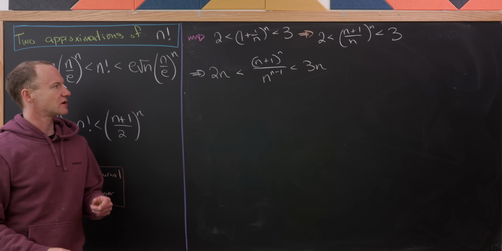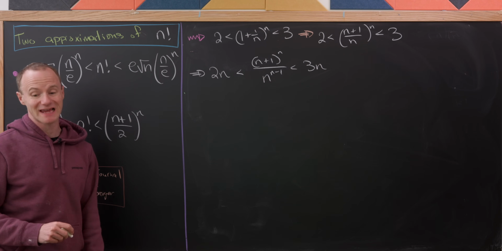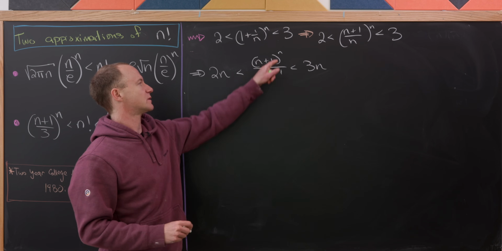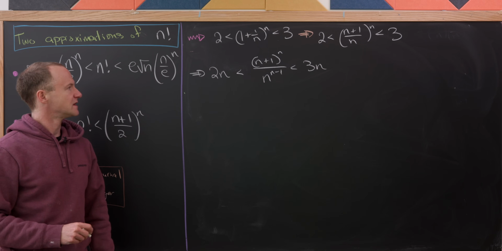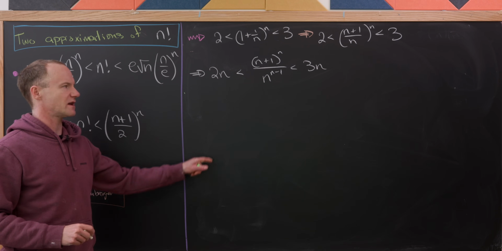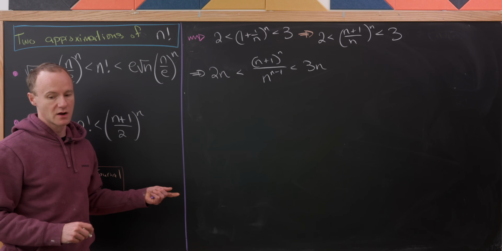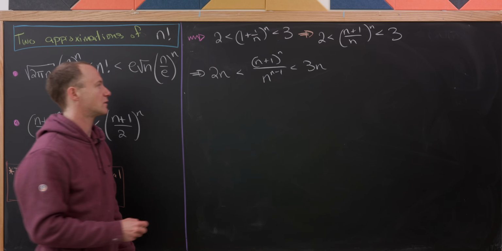So let's observe that this inequality has the seeds for some sort of telescoping action inside of it. That's because here we have an n plus 1 to the n, here we have an n to the n minus 1. Let's in fact take this and write maybe all the smaller inequalities, in other words, the ones where we replace n with n minus 1, n minus 2, all the way down to 2 and 1.